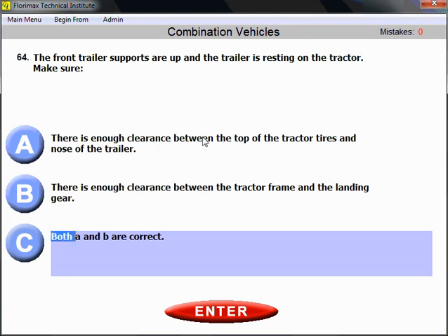You also need to check enough clearance between the tractor frame and the landing gear. So when you see two clearances, the right answer would be both.